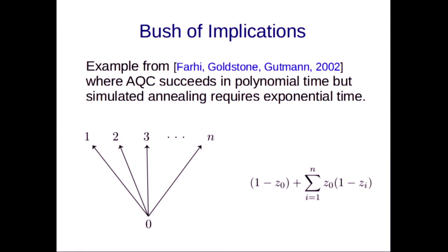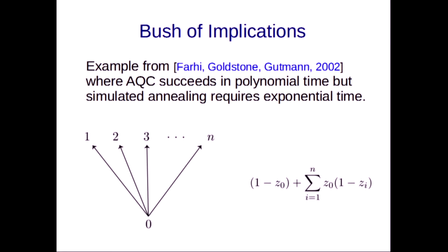The way the problem is set up, you have a very small tree, or a bush you could say, and at the root is a particular variable, a bit, that we could call bit 0. Then on the leaves, we have n other bits, 1 through n. And our objective function is this. We can think of each of these branches as being an A implies B clause in a constraint satisfaction problem.